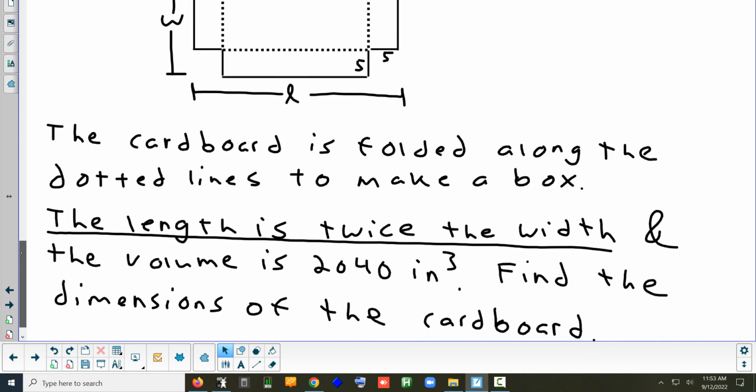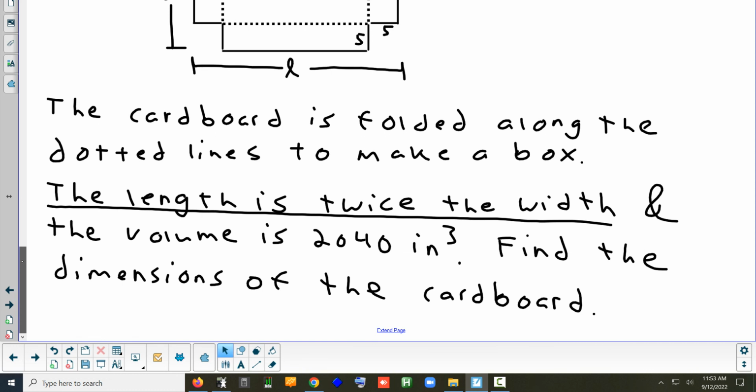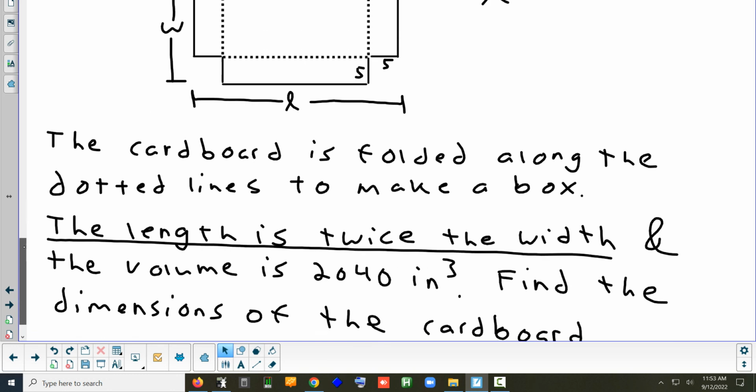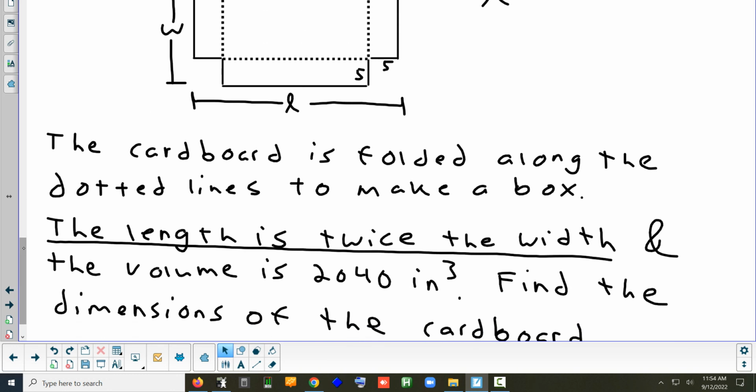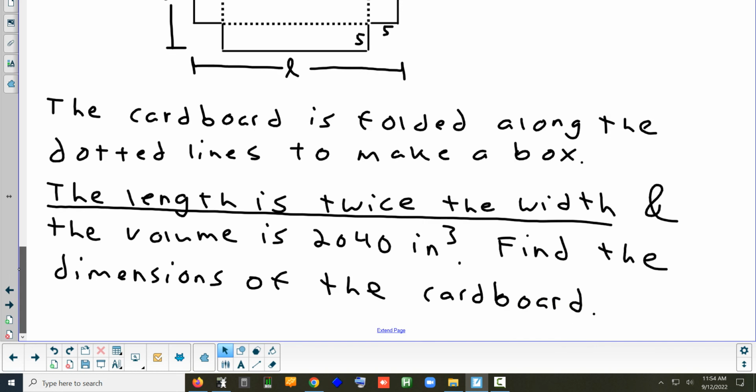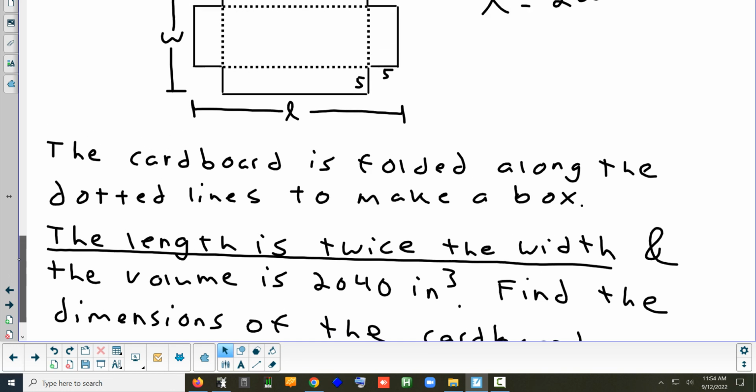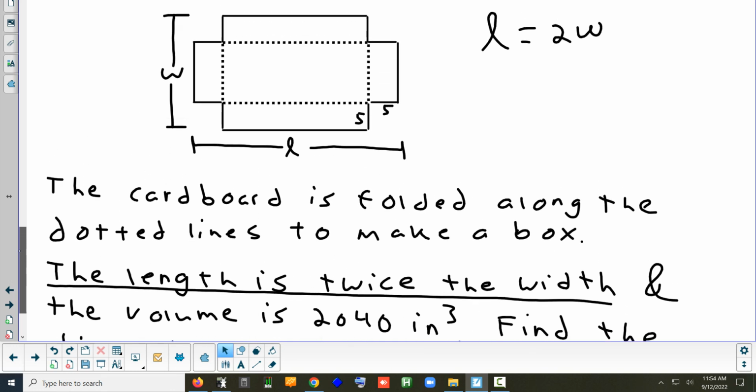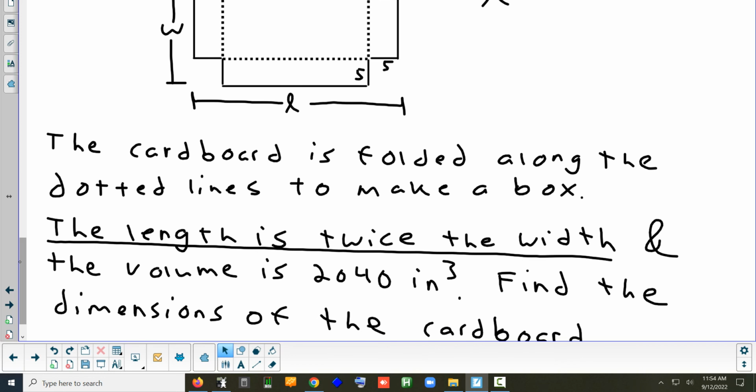Now it says the volume is 2,040 cubic inches after you fold the sides up and make a tray. Find the dimensions of the original piece of cardboard, before the corners were cut, with the original length and the original width.